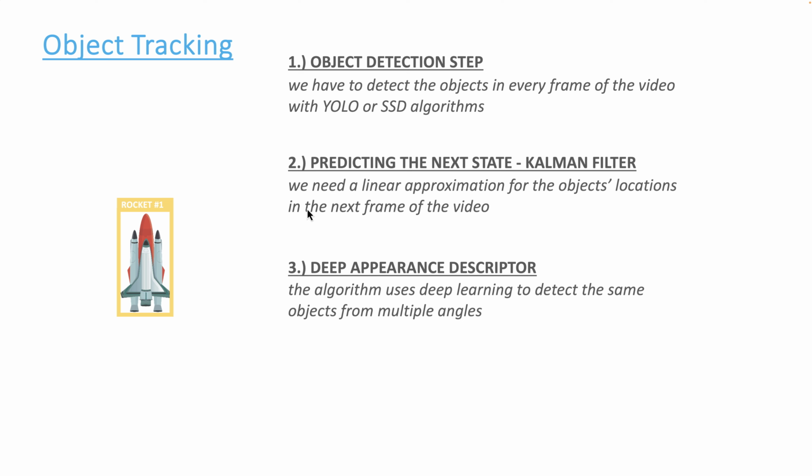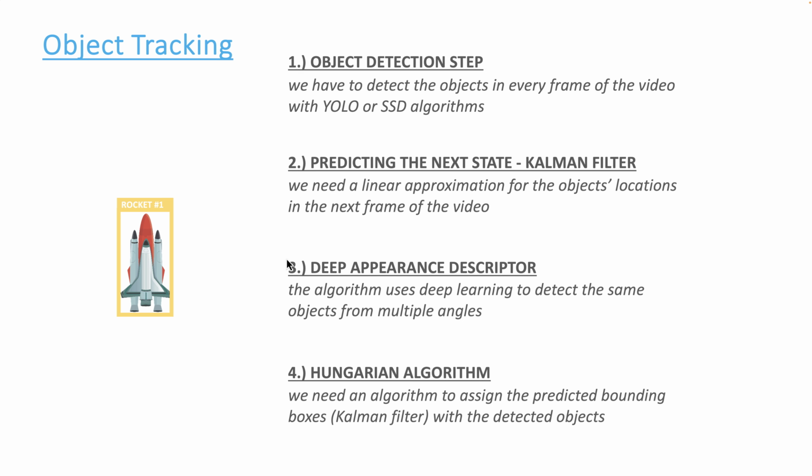And then we are going to combine all of these features with the Hungarian algorithm to assign the predicted bounding boxes that have been calculated with the Kalman Filter algorithm to the objects detected with the YOLO algorithm in the actual frame of the video.